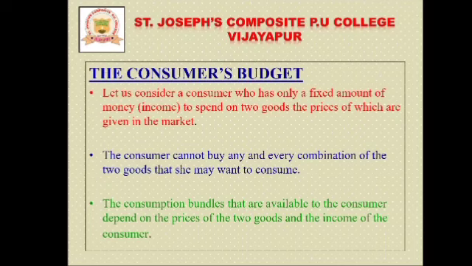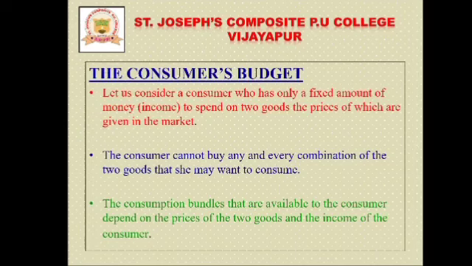That means the consumption bundles available to the consumer depend on the prices of the two goods and the income of the consumer. So this is the basic concept of the consumer's budget.